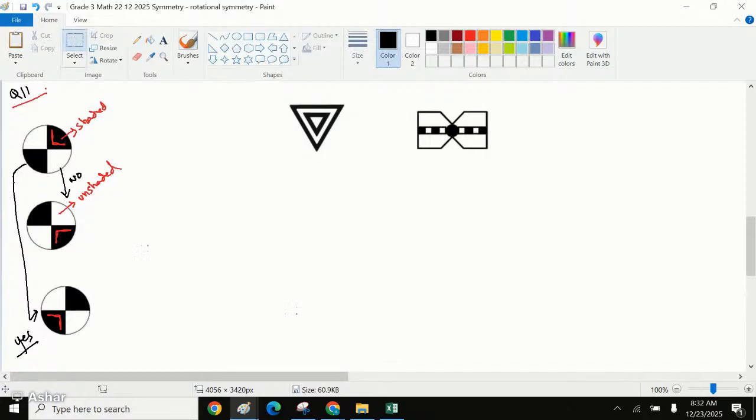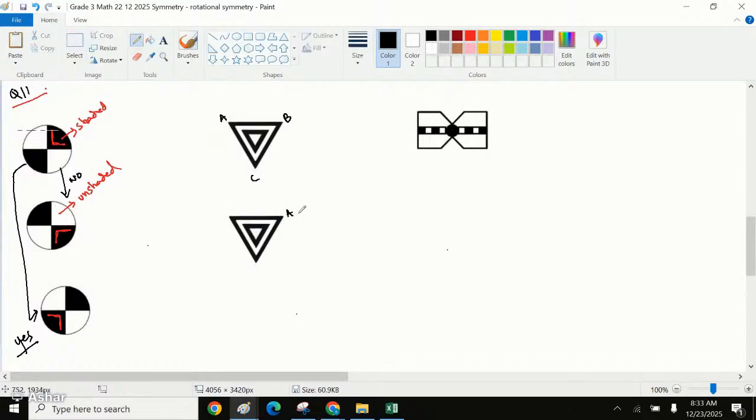Okay, if we have this triangle over here, if this was point A, B, and C, if we flip this triangle, can we say that if we change the position, A comes here, B comes here, and C comes over here? Question number 12.